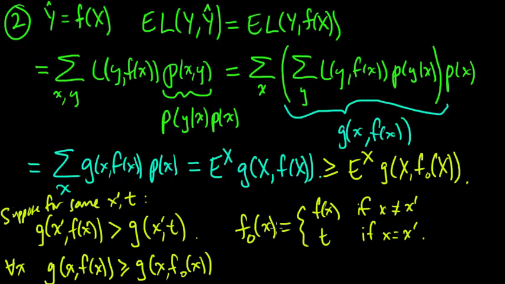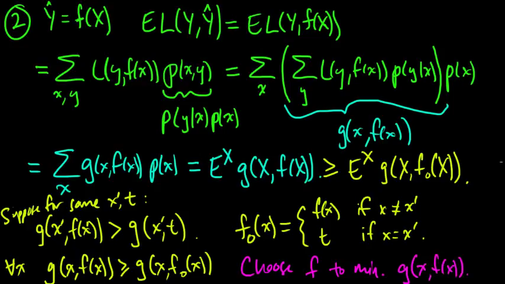So let's go ahead and just choose some f. This suggests that we should choose f to have just the minimum of this g thing. So choose f to minimize g of x with f of x.